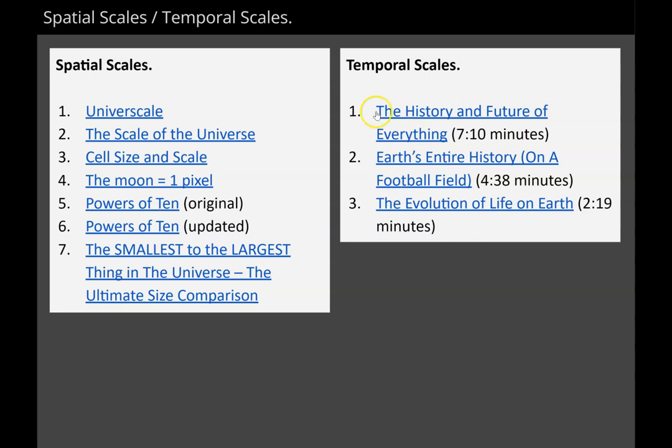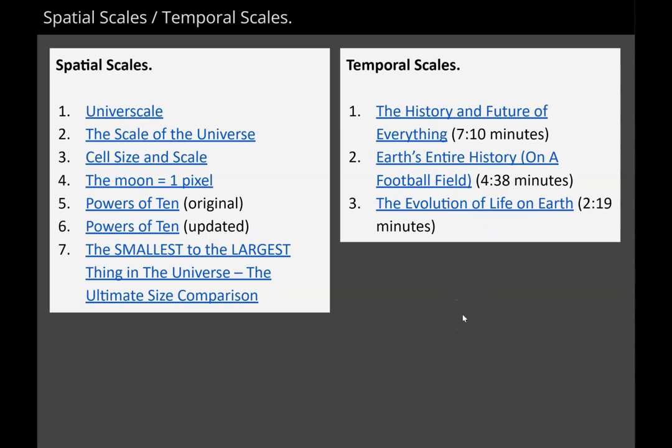You can also look at temporal scales, and here are some fascinating videos that depict the time scales of Earth's evolution. Here's a good one, kind of putting the entire Earth history onto a football field. And here's another good one, the evolution of life on Earth, as a very short, quick video.